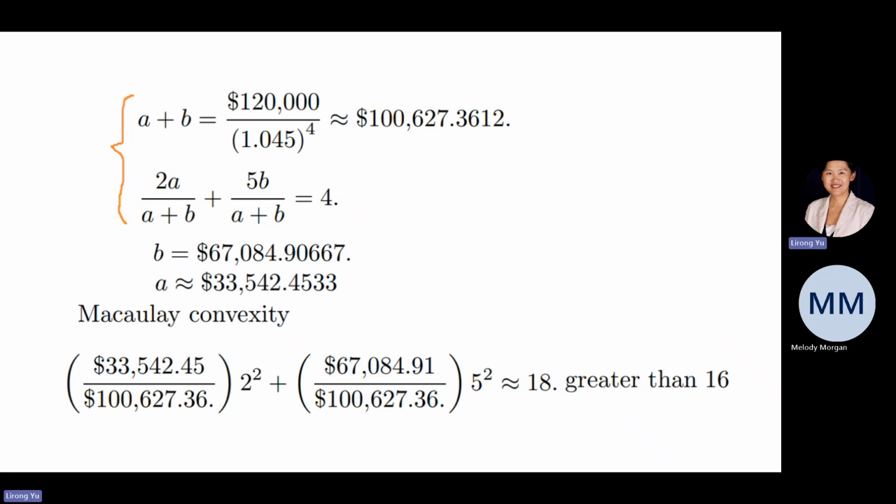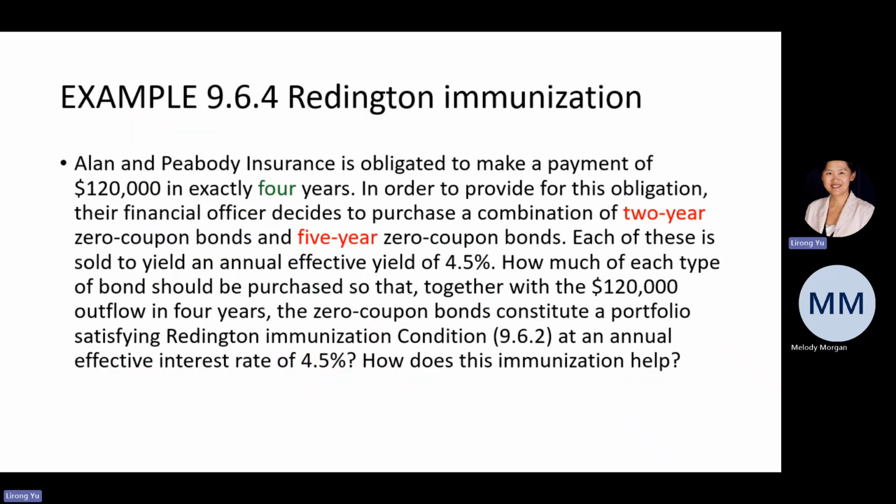The convexity for the liability is 4 squared, which is 16. So the convexity of the asset is bigger than the convexity of the liability, which makes the second derivative positive. So it looks like this combination satisfies the Redington immunization.